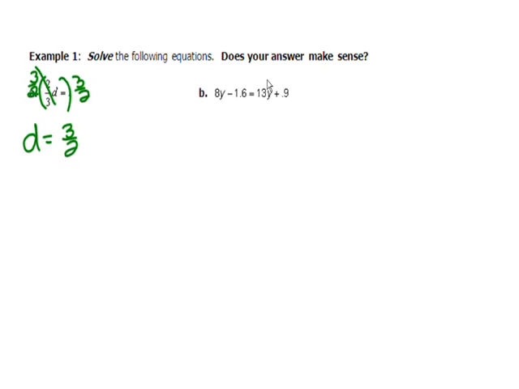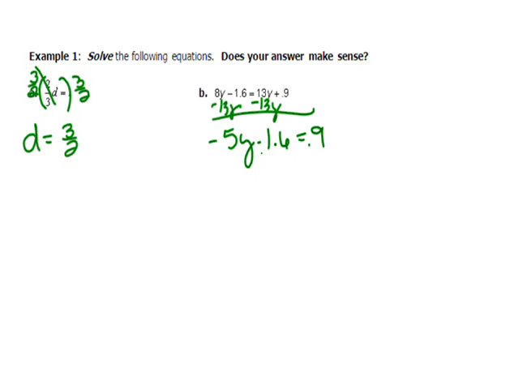All right, same thing over here. I want to solve for my variables, so I'm going to start by getting my variables on the same side, so I'm going to subtract that, and that gets me negative 5y minus 1.6 equals 0.9.